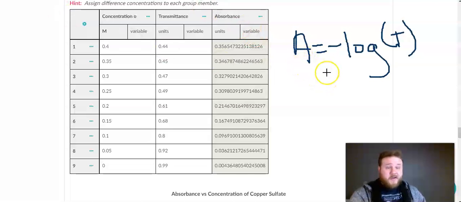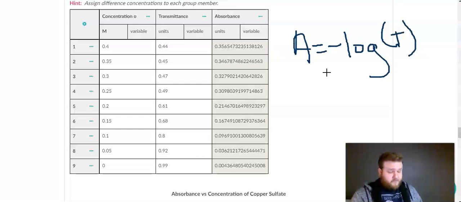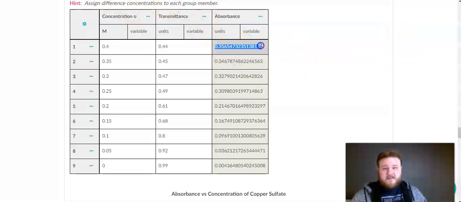I could totally use my calculator and type in negative log of 0.44, and I would get this number right here.